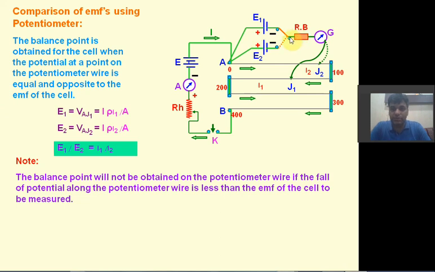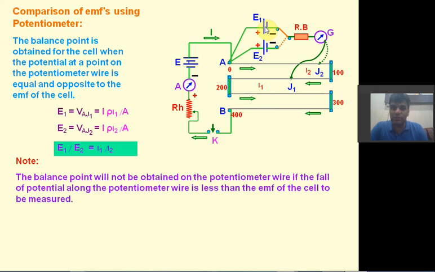In our first step, we have to measure E1, or the potential across AJ1, that means this point to J1. When we put this resistance box along this, we connect this circuit along A1, and the other cell is not connected; first only E1 is connected.